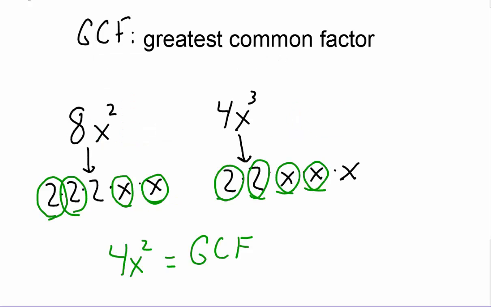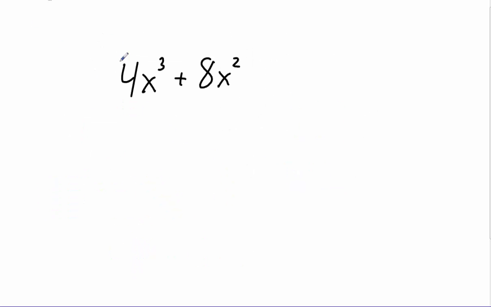If you go back to this problem, we already said that the GCF is 4x squared. And this is the first real problem where we're factoring something out. So you're going to write the GCF, which is 4x squared. And factoring is the opposite of the distributive property, which is what we did a lot of last chapter.